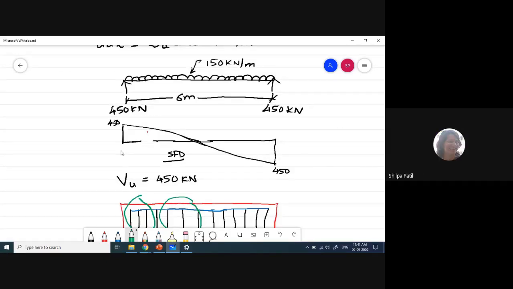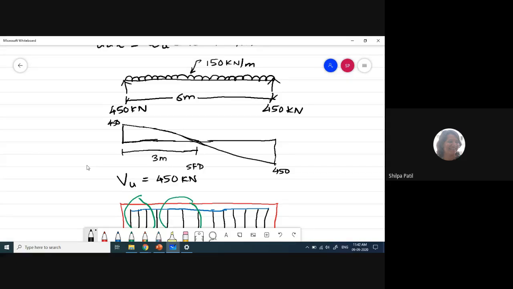Okay, so let us come to the shear force diagram now. I have to curtail the shear reinforcement, and I know the shear force distribution over the span of the beam. So I will consider now half the span of the beam, which means only the 3 meter span.